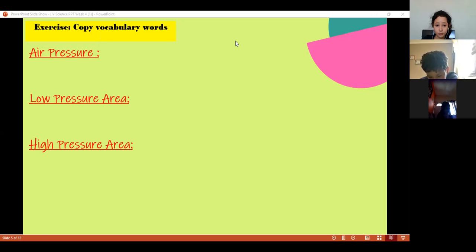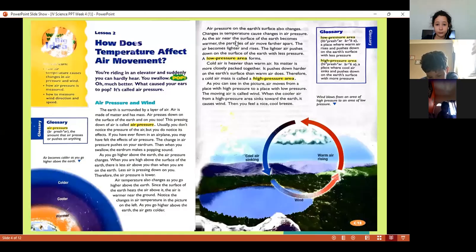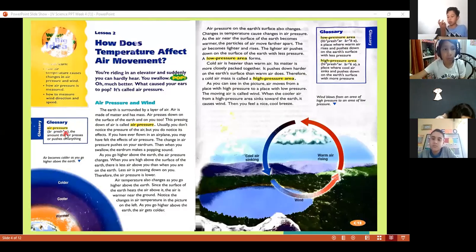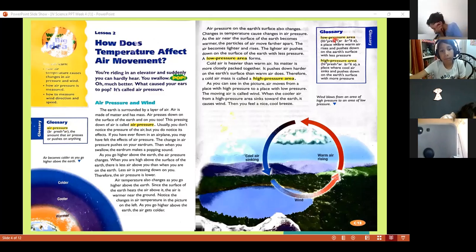What is number one? Air pressure is this one. So it means that you are going to copy this. Air pressure. Glossary 1, glossary 2. These three definitions are what you need to copy. Do you see the presentation or not? Yes, I see. Okay. So copy the definitions here. What is air pressure? What is low pressure area and high pressure area?